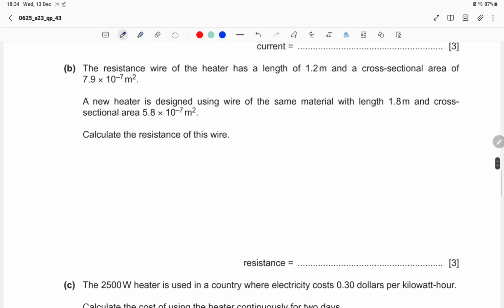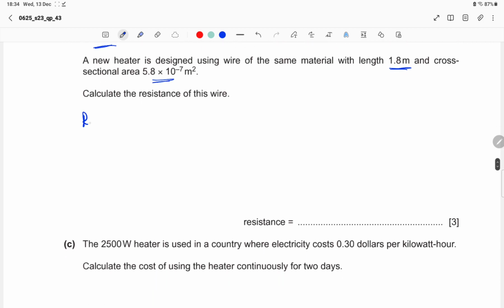Okay, now moving to the next question. The resistance wire of a heater has a length of 1.2 meters and a given cross-sectional area. The new heater is designed with the same material, with a different length and cross-section. Calculate the resistance. We use the simple ratio method: L2 over A2 divided by L1 over A1, which is A1 over A2 times L2 over L1.